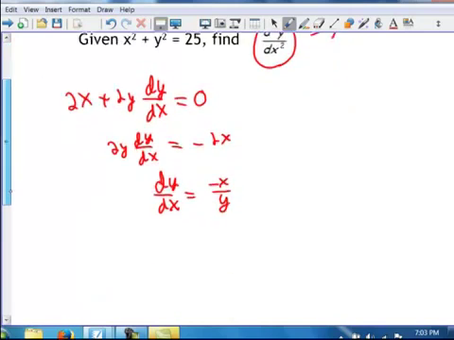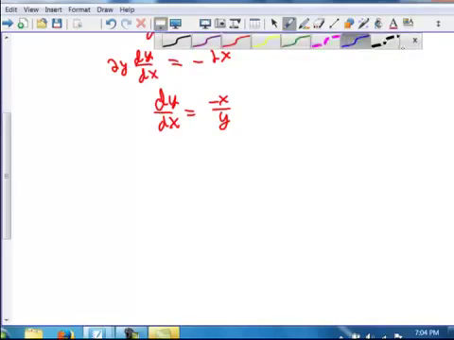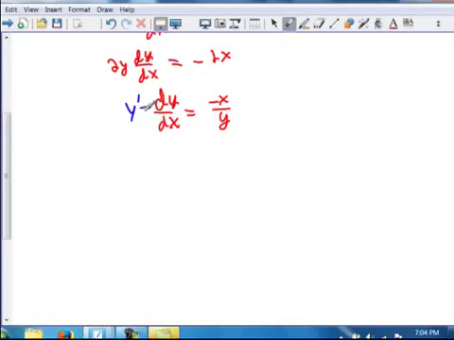I like that, but I've got to take it to the next level. So let's go ahead and use our rules here, and maybe we'll use the quotient rule to take the derivative of this. So this is y prime.